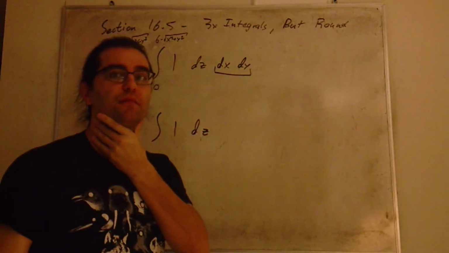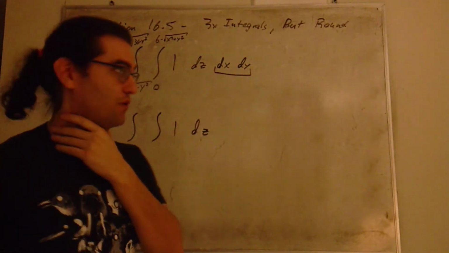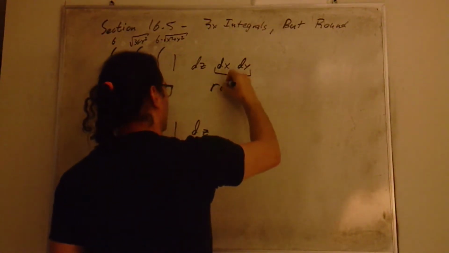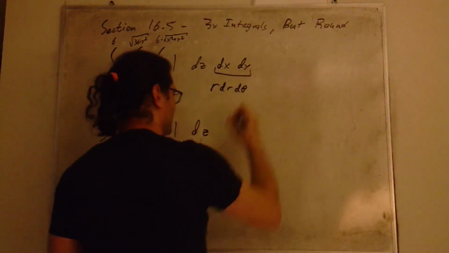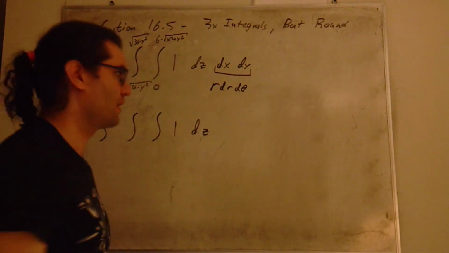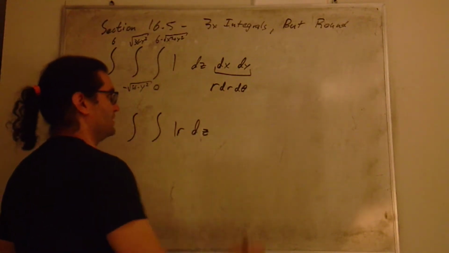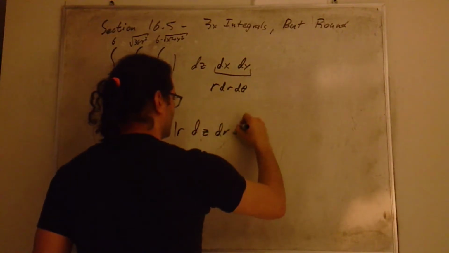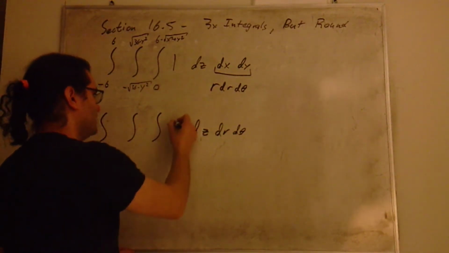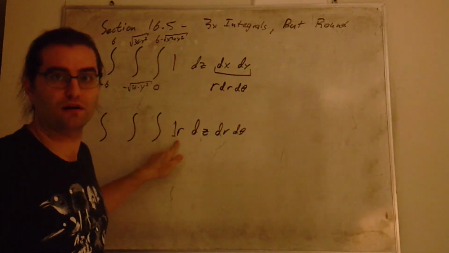And this transformation is going to work exactly like it did in polar coordinates. Dx dy is going to become r dr d theta. Which means I need to put an r here for me to integrate, and then dr d theta over here. So now I'm not just integrating the function 1 anymore. Now I'm integrating 1 times r.